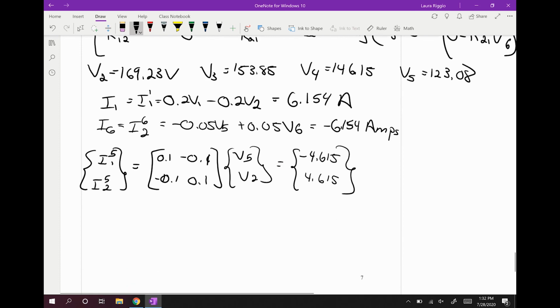So we have the current on both ends of resistor 5 equal and opposite, as they should be. And then I can do it for resistor 3 as well.